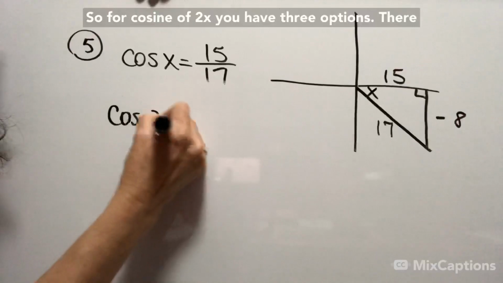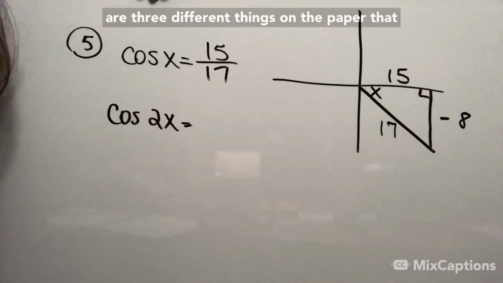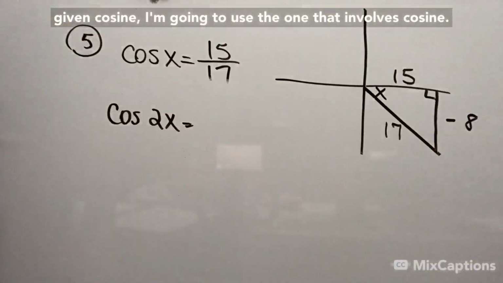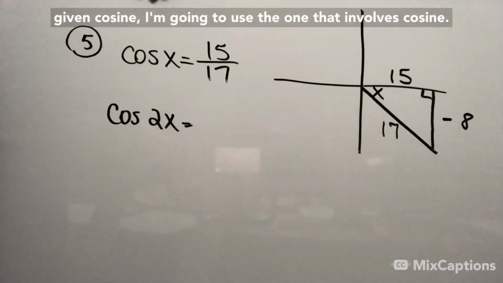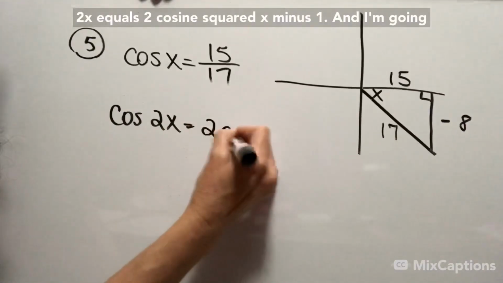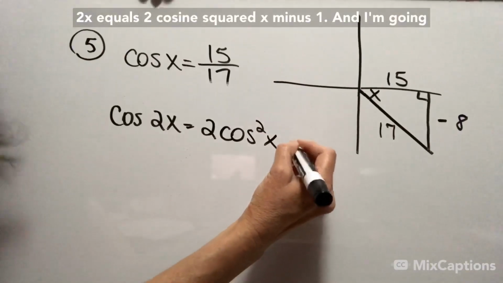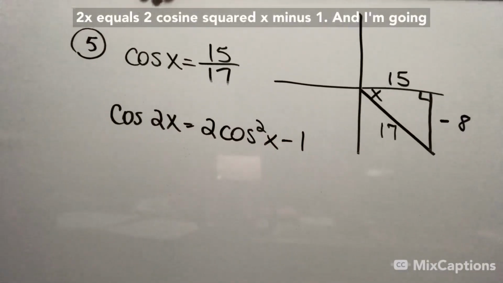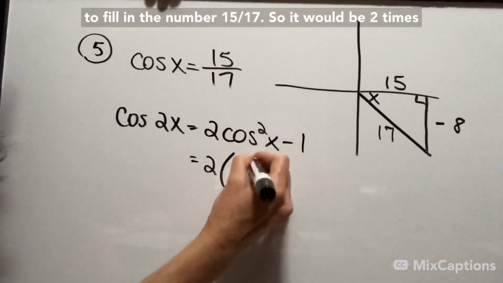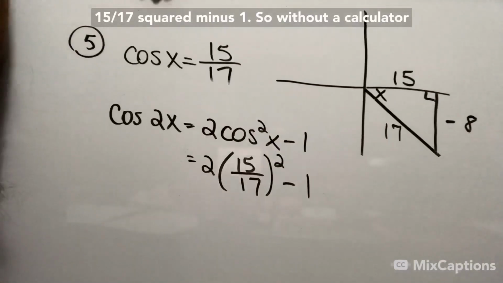So cosine of 2x, you have 3 options. There are 3 different things on the paper that would match that. Now, since I was originally given cosine, I'm going to use the one that involves cosine. So that was the one we used earlier. Cosine of 2x equals 2 cosine squared x minus 1. And I'm going to fill in the number 15 17ths. So it'd be 2 times 15 17ths squared minus 1.